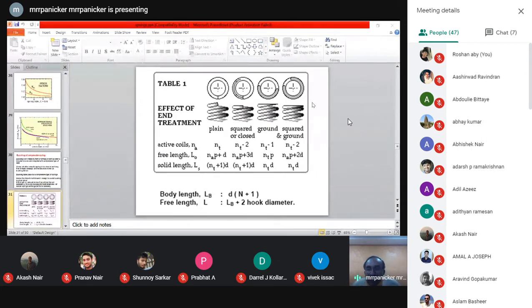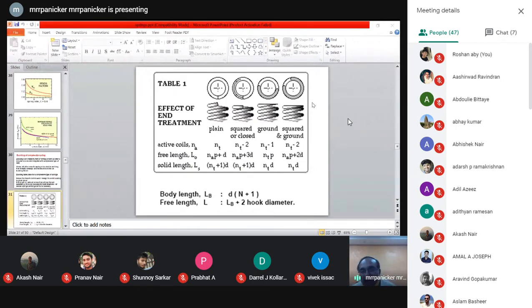If this L by D ratio is more, and you are applying force, then it will deflect, and to prevent that, you can put a rod inside, or you can put the spring in a tube.